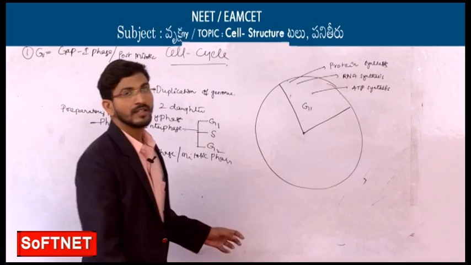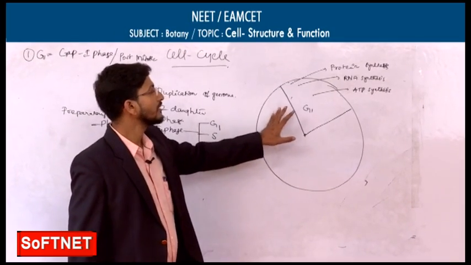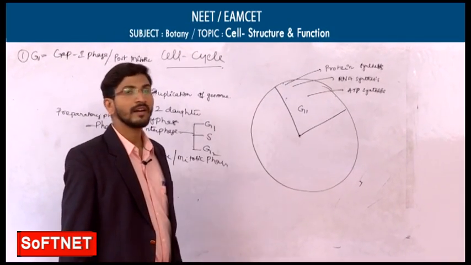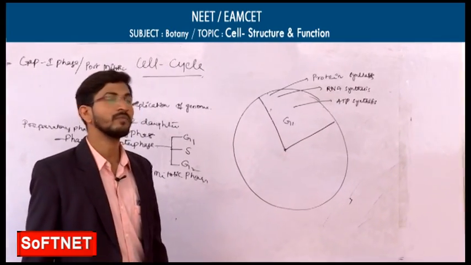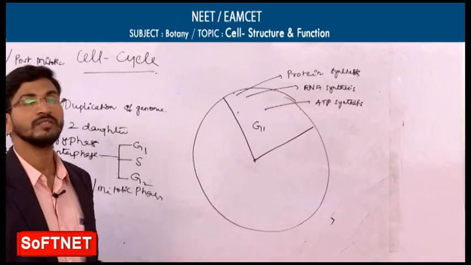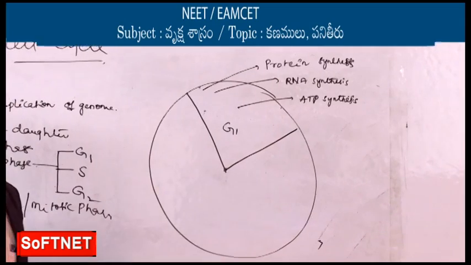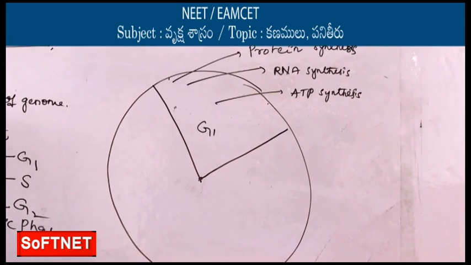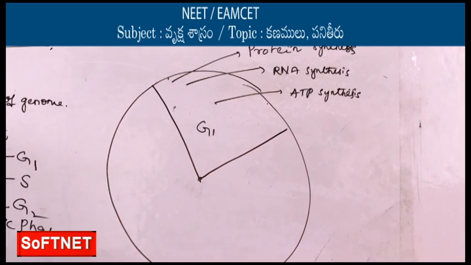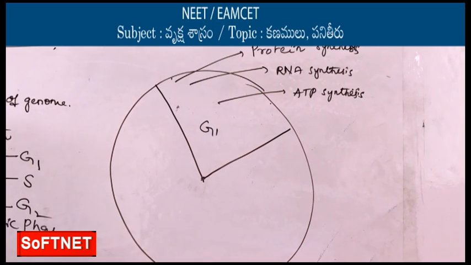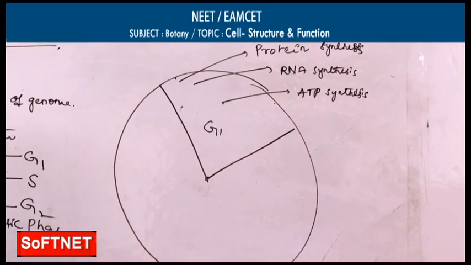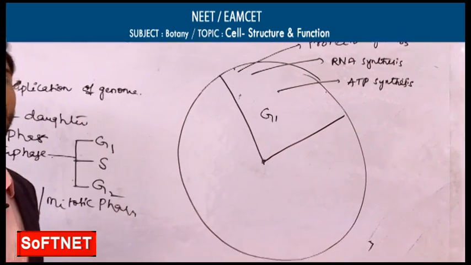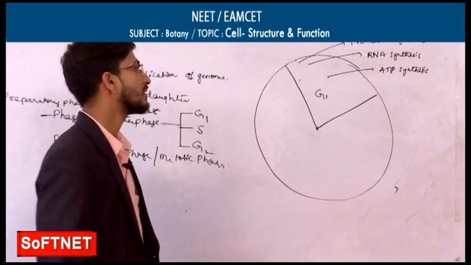So during the G1 phase or gap 1 phase, protein synthesis, RNA synthesis and ATP synthesis take place. This energy is utilized in the S phase, because in the S phase the actual duplication of the genome takes place. For this duplication of the genome, energy and proteins are required. These proteins are nothing but histone proteins.